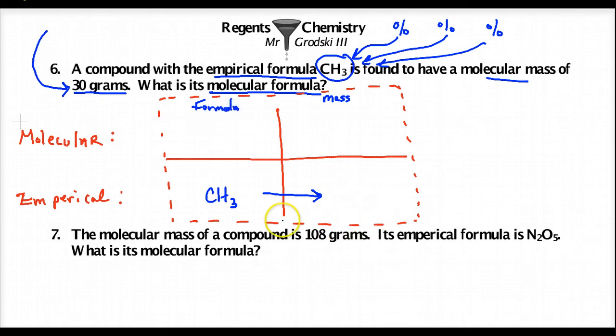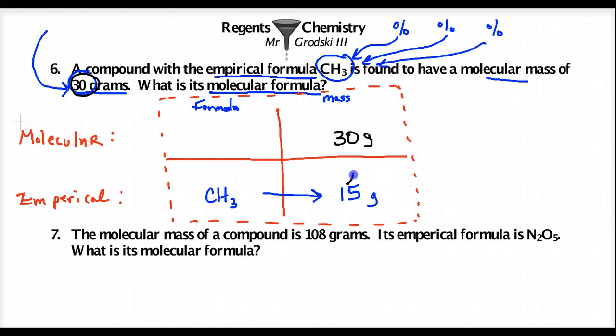Formula. Okay, so I know that 1 carbon is 12 from the periodic table, and 3 H's are 1 apiece. So 12 plus 3 gives me 15 grams. So I just found the empirical mass. They told me already that the molecular mass is 30 grams. Well, look at this.